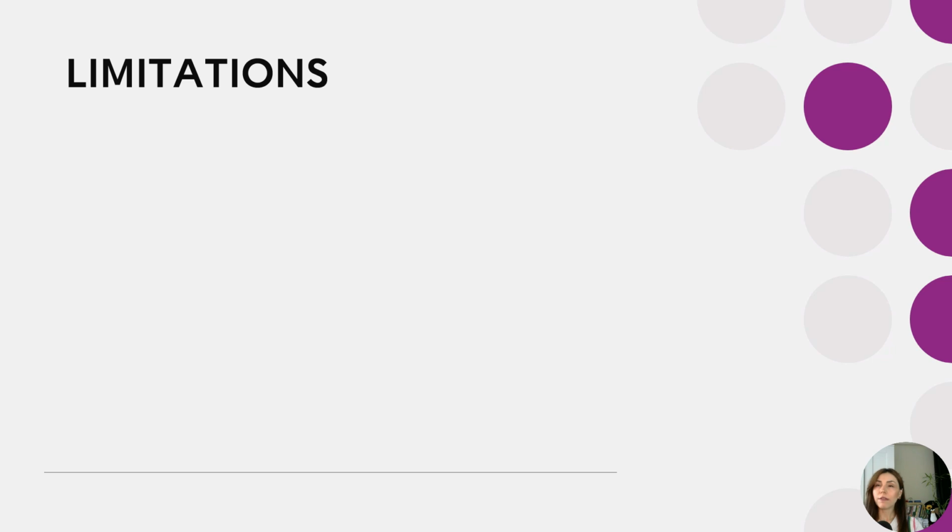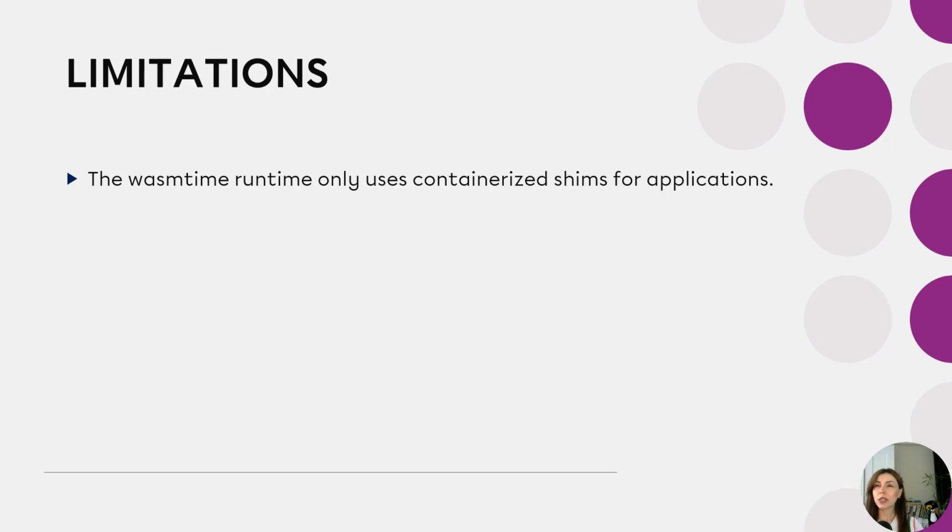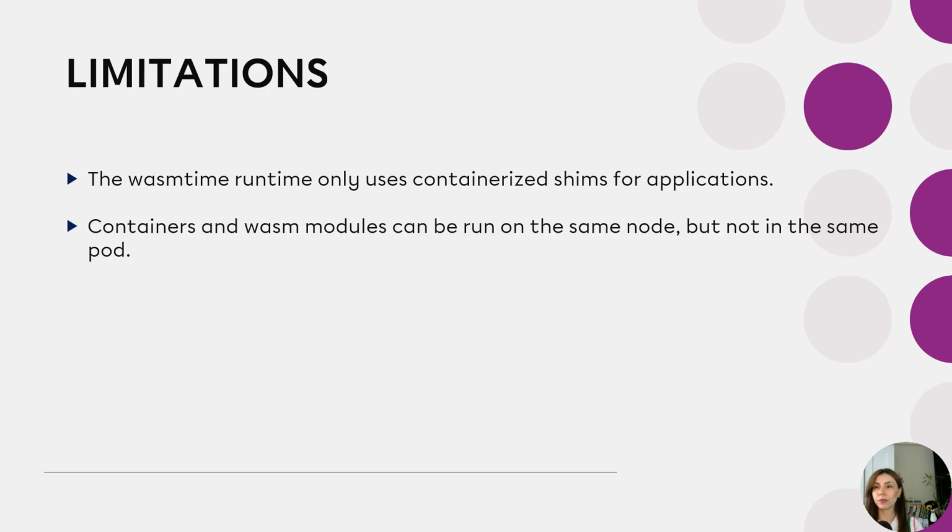There are also a few limitations between AKS and WASM. These are: the Wasmtime runtime only uses containerd shims for applications. Containers like Wasmtime runtime apps can be executed in WASM or WASI node pools.